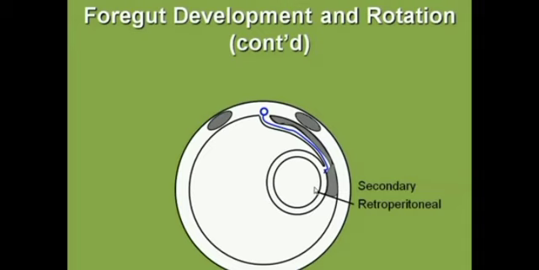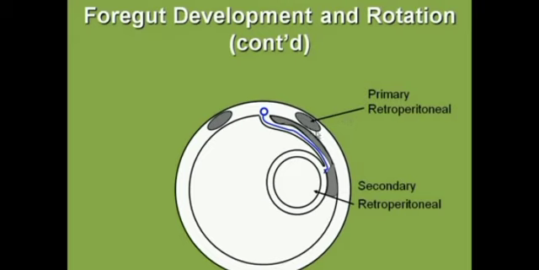That implies that it used to be peritoneal, but now secondarily, it's now a retroperitoneal organ. And that way we can contrast that kind of a retroperitoneal organ with an organ such as the kidney, which has been retroperitoneal all along. So we call that kind of a retroperitoneal organ a primary retroperitoneal organ.